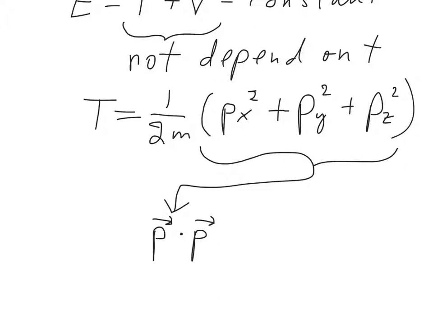The dot product of two vectors gives me a number. And this is often, even when I'm talking about 3 dimensions, simply written as P squared. When I write the square of some vector quantity like this, I understand it to be the dot product with itself. So T is P squared over 2m.